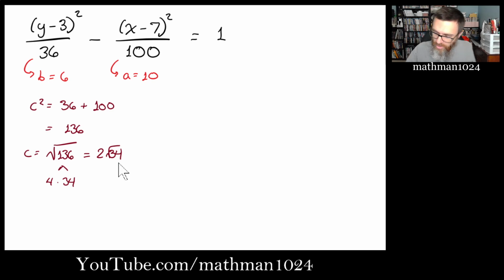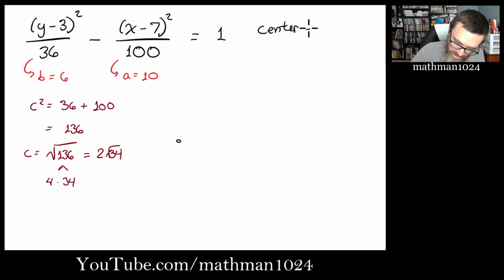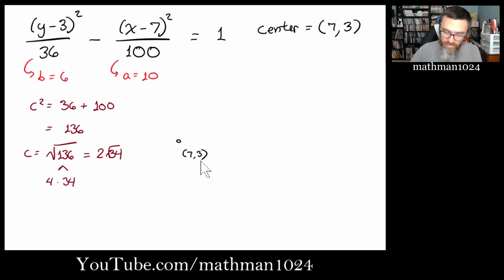All right, so drawing a quick sketch of this, my center will be the ordered pair. I can be careful, I told you about this. It comes from the x first, so 7, and then the y coordinate comes from here, so 7, 3. This is my center. We are stretched 6 units in the y direction, so we're going to go 6 units up for a vertex and 6 units down for the other vertex.